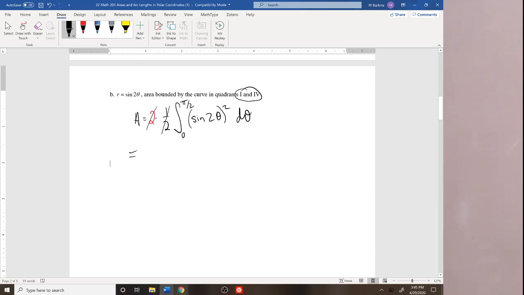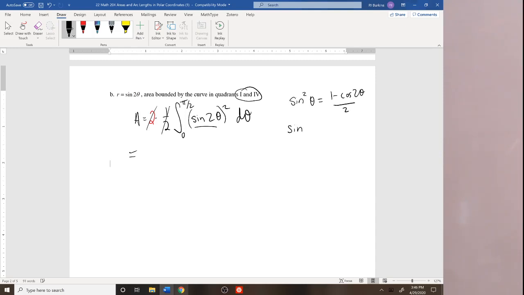And then we have to replace sine squared of 2 theta. Sine squared of theta is 1 minus cosine 2 theta over 2.